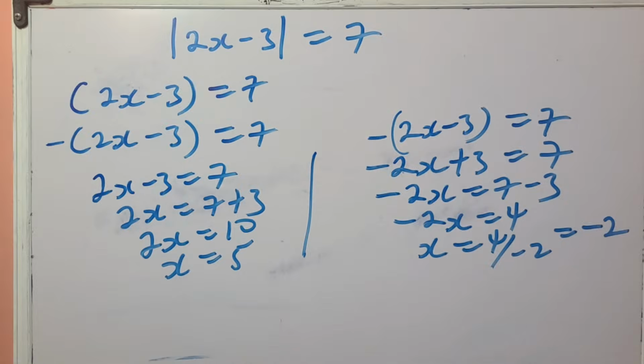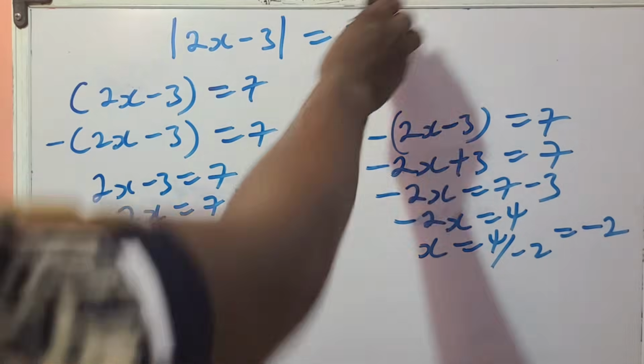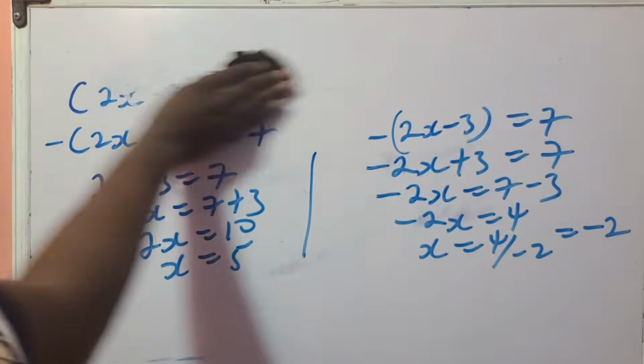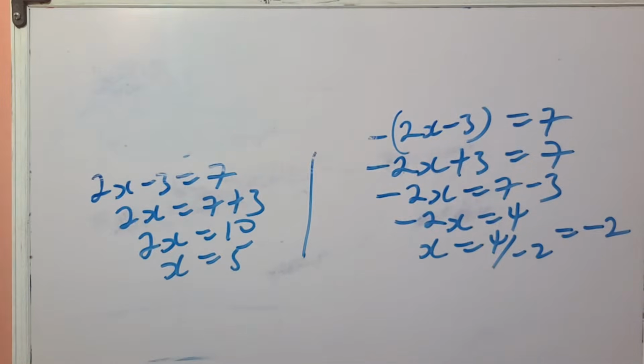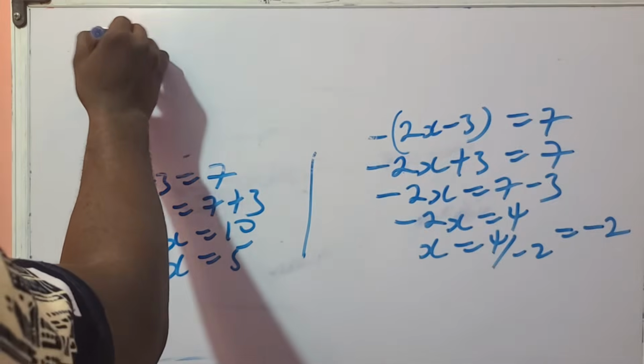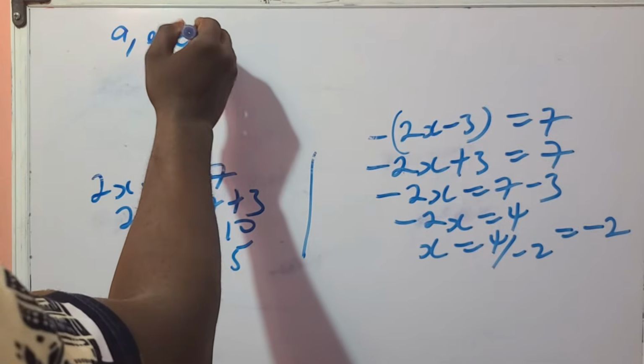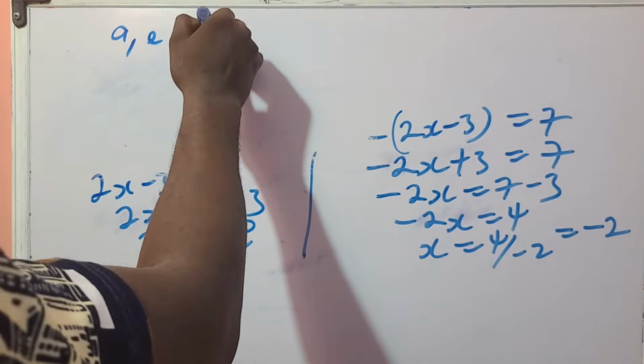Okay, so let's solve. Okay, let me solve question number 9. That's just a very easy question. Question number 9 gave you something like this, and you're told to talk about the properties. You're told that A and E are elements of real numbers.